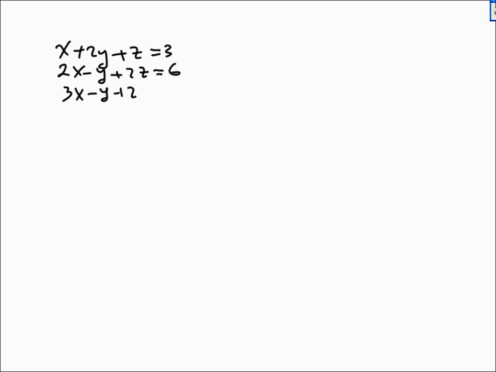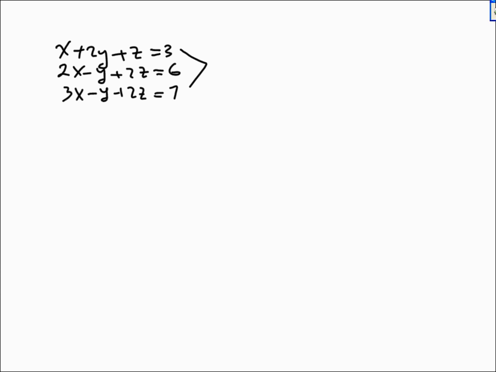That is, solve the following system of equations using Gauss-Jordan reduction. Just going to write down the equation. I'm pretty sure that I will remember it. This equals 3, 2x minus y plus 2z, that was 6, and 3x minus y plus 2z equals 7. To be honest, I didn't remember it. I didn't erase my blackboard all that well, and I was able to read it off.